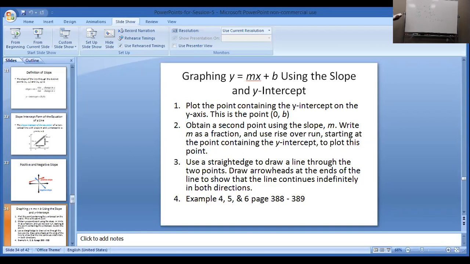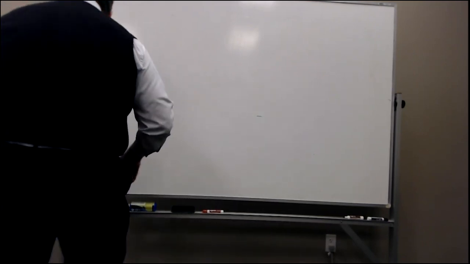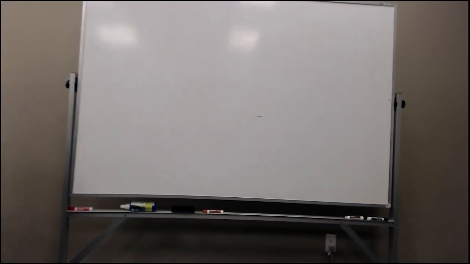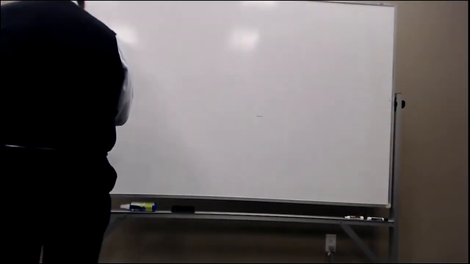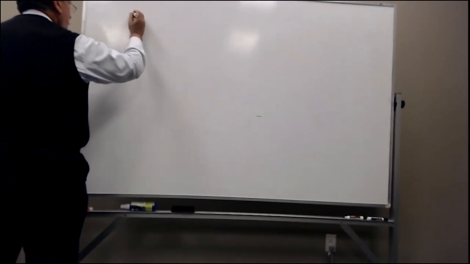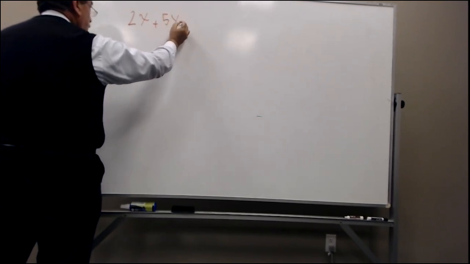Let me write it. Okay, we have 2x plus 5y equal to 0.